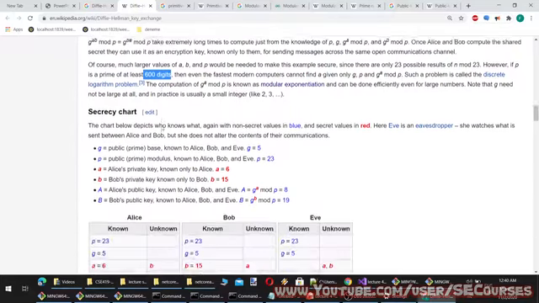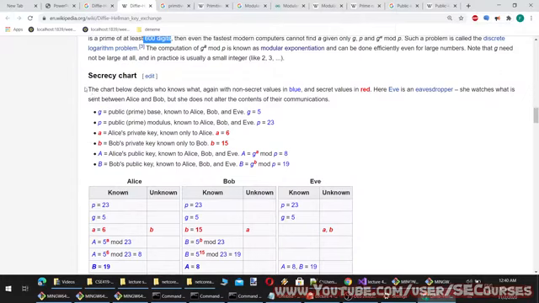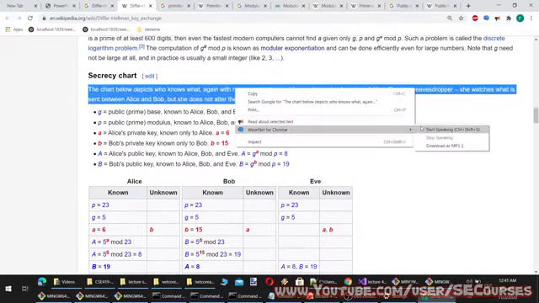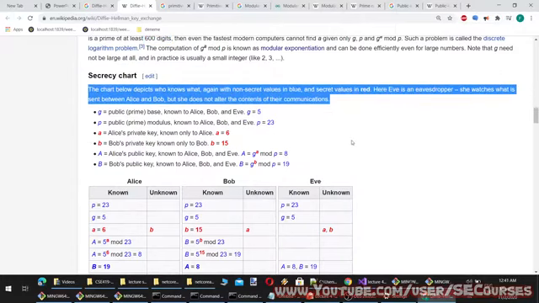Okay. So, the secrecy chart. The chart below depicts who knows what, again with non-secret values in blue, and secret values in red. Here Eve is an eavesdropper. She watches what is sent between Alice and Bob, but she does not alter the contents of their communications.